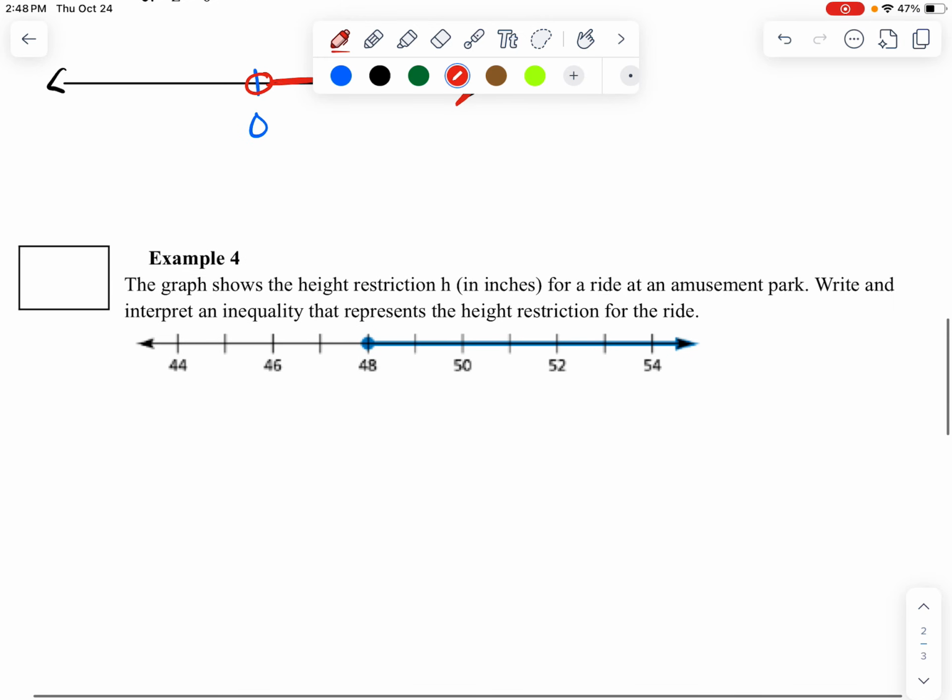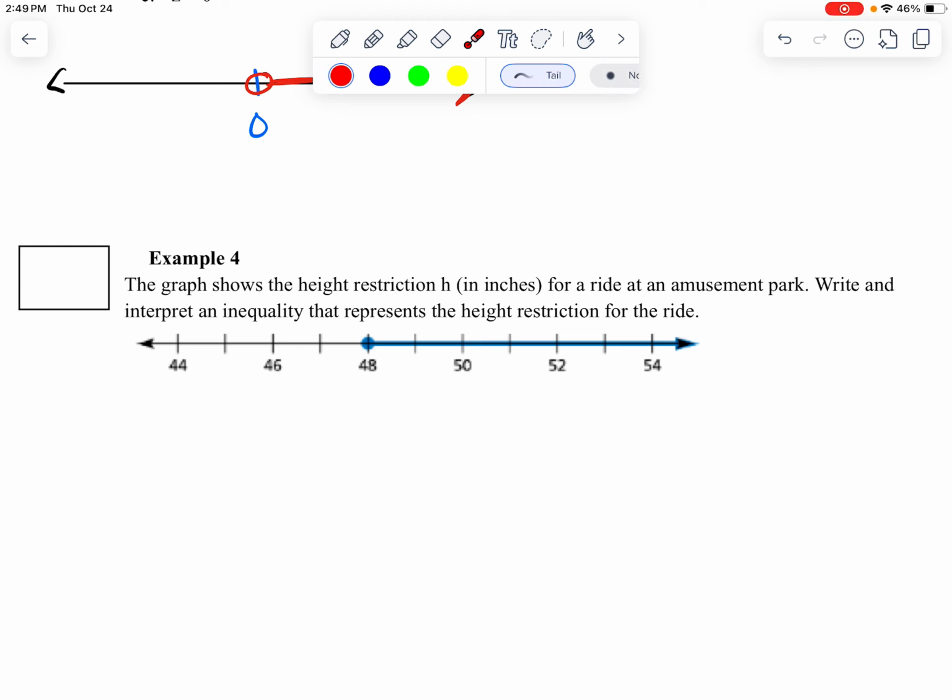Final example, the graph shows the height restriction h for a ride at an amusement park. Write and interpret an inequality that represents the height restriction. So if you've ever been to an amusement park, there's always certain rides where you have to be a certain height to ride them.